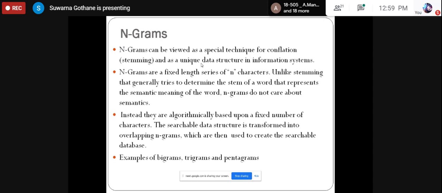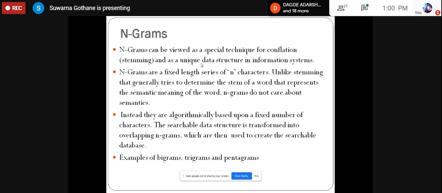So engrams are nothing but equal size of words or equal size of characters. Grams are the equal size of words or characters by which we are breaking our data, or by which we are breaking your sentences or query. So into equal size we are going to break it.